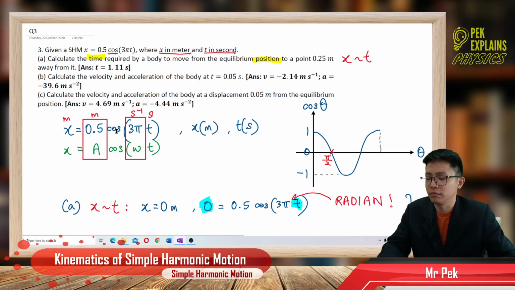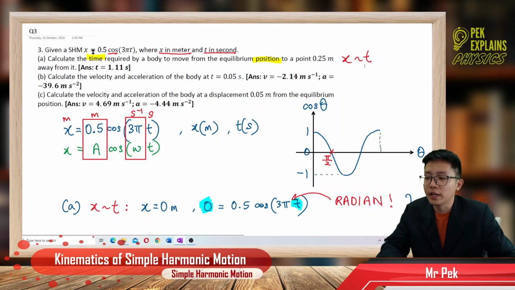If the question gives cosine, then our general equation is also cosine. If the question says sine, then we also use sine. So from here, we can see that the amplitude is 0.5 meter and the omega is 3 pi. This is how we compare. We got the amplitude and omega already.